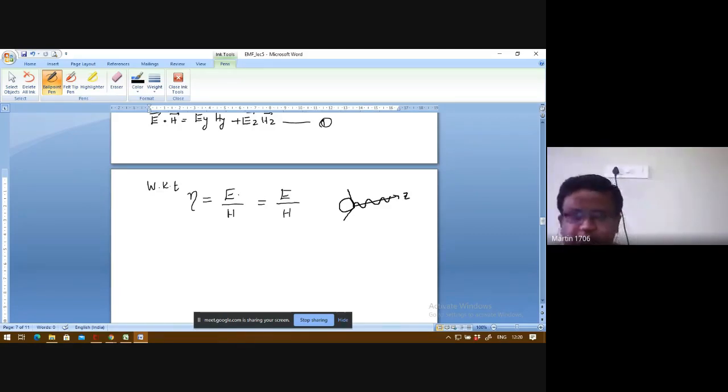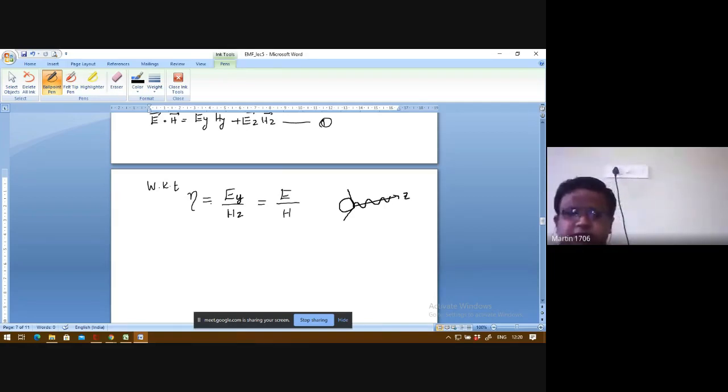One form of the equation is Ey by Hz. If the input is given as electric field at y, the output you get is Hz, the magnetic field.